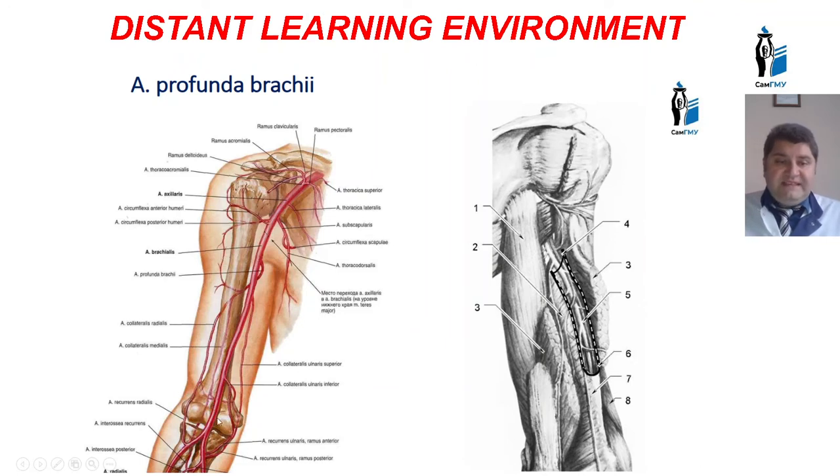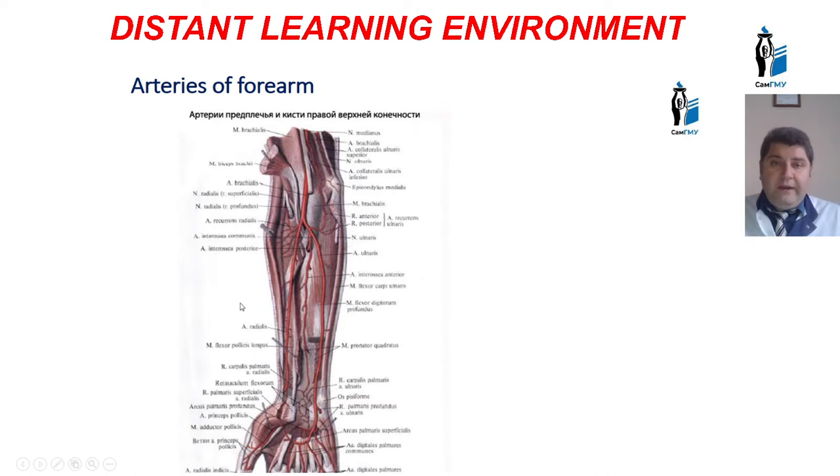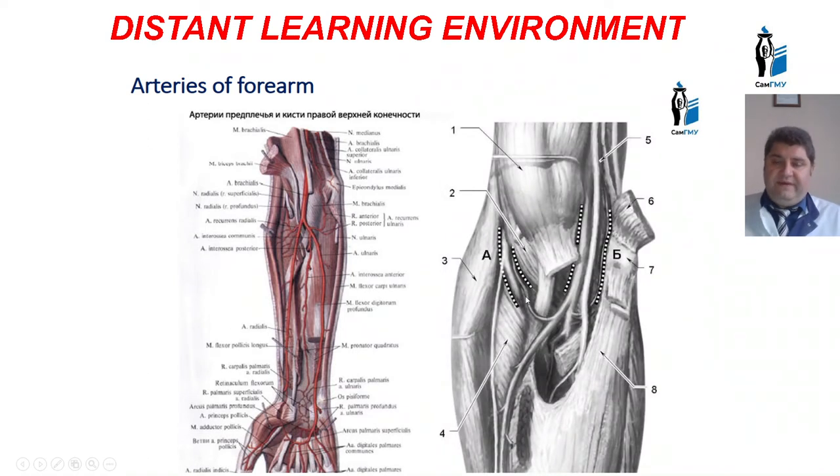And now you may see that the brachial artery divides into two main arteries at the border between the arm and forearm, at the level of the cubital joint. You may see these main branches, the radial and ulnar arteries. Let's look in detail at these arteries on this picture and also this picture.